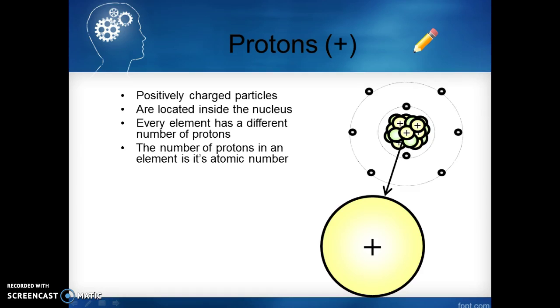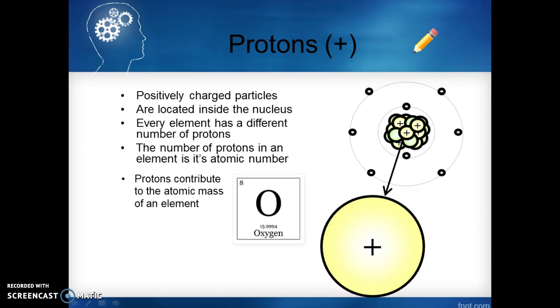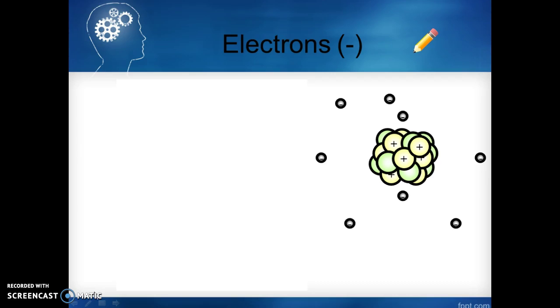So recall from Module 1, Lesson 5, when we looked at the symbols in the periodic table, the atomic number was always in the square with the element. Protons contribute to the atomic mass of an element. And again, we see that on the periodic table. In a neutral atom, the number of electrons equal the number of protons.